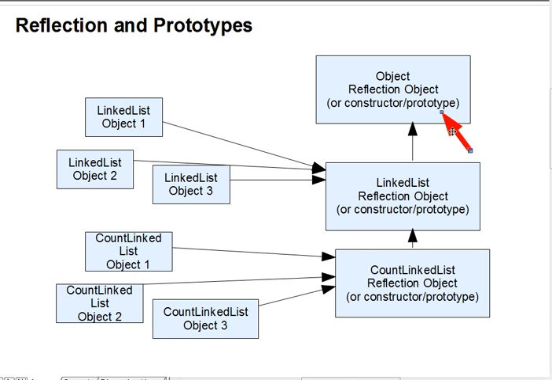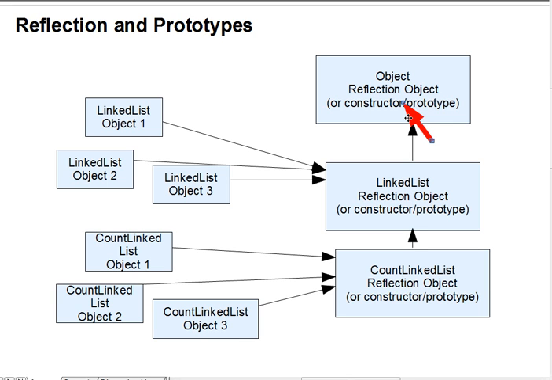Second, as shown in the diagram, they exist one per type, and I've used just the three types count linked list, linked list, and object in our diagram. And that is true even when there are no objects of the type. That's generally the case, for instance, for the object base class. One rarely writes new object, so there are no objects, so to speak.